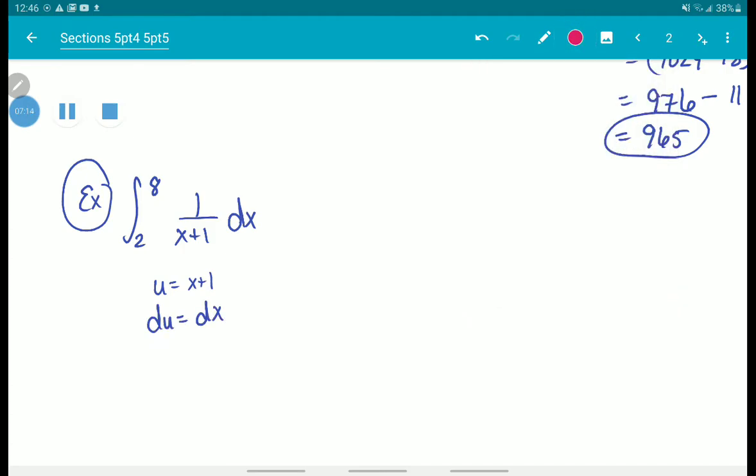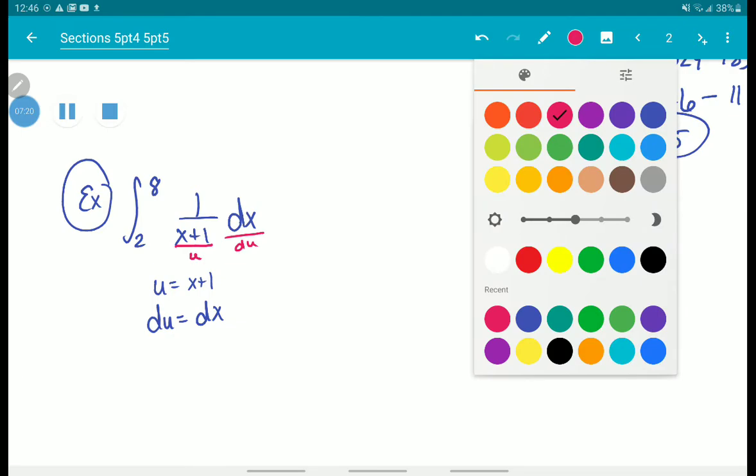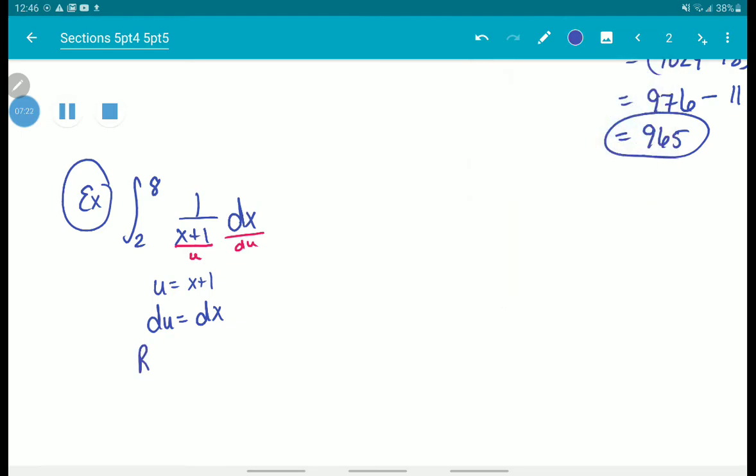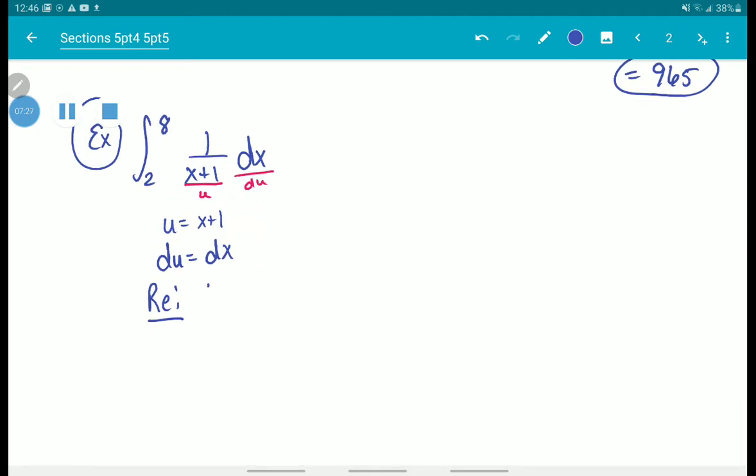Notice we have everything accounted for. There's our u. This is our du. So we can do our rewrite. When we rewrite this, I'm going to have 1 over u du.